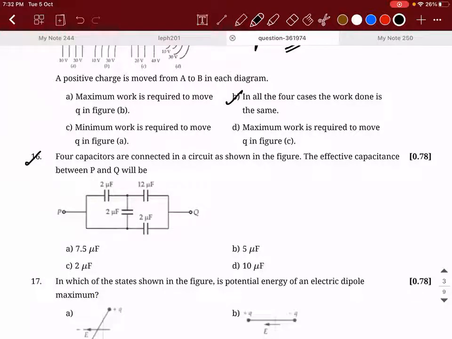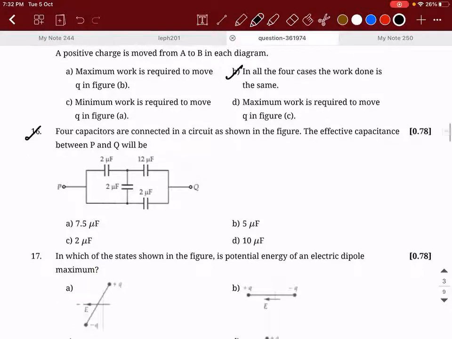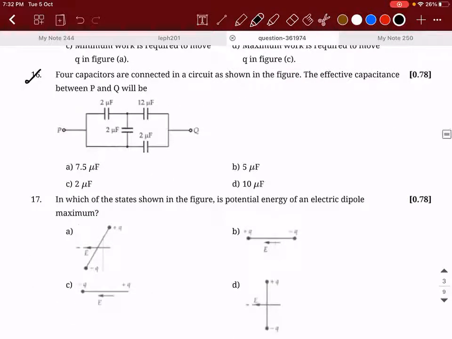No, 5 is right, but how did he get it? How to do it, guys? Sir, 12 and 2 microfarad are parallel. So this will give how much? 14 microfarad.